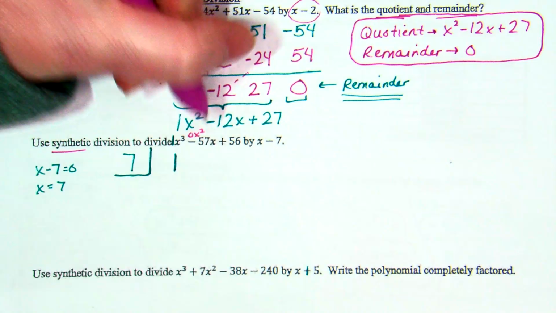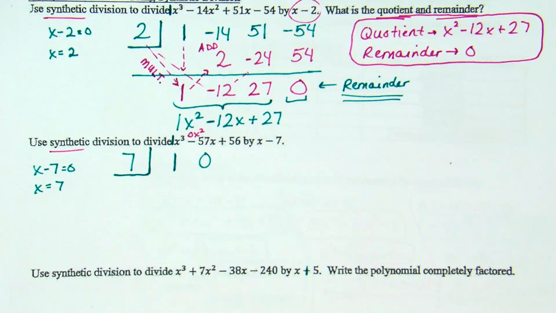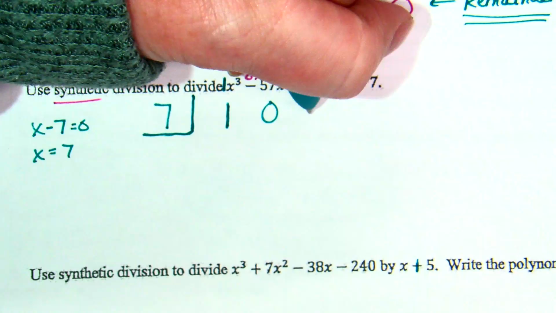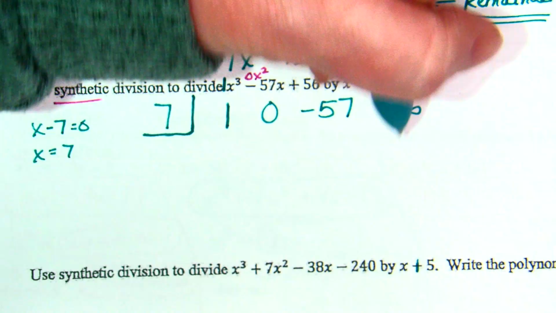No, so you have to put a placeholder 0 in. So there's 1x cubed, 0x squared, because there's no x squared term. I really should zoom that in. I'm really zoomed out. Sorry, guys. And then what's on the x term? Negative 57. And then the constant term is 56.